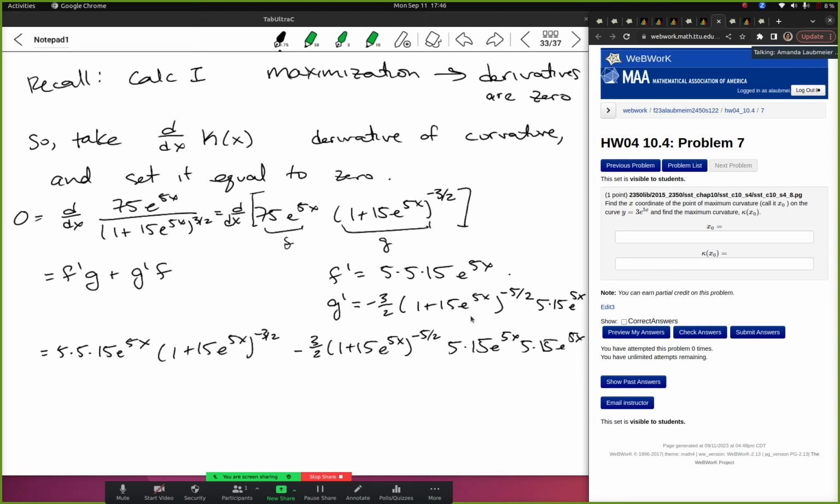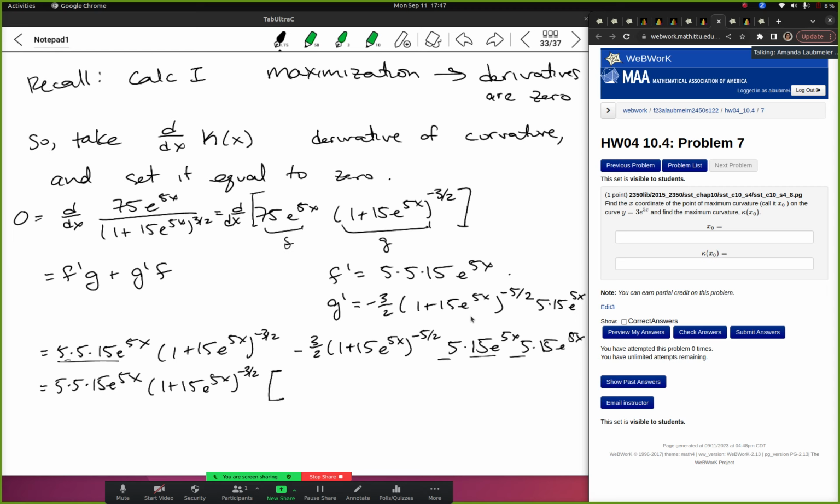but it's okay. Let's pull out things that are the same. So 5 times 5 times 15 e to the 5x is in both terms, like that and like that. And so is 1 plus 15 e to the 5x to the, which one do I want to do out front? Do that one. To the -3/2. So this -5/2 is just -3/2 times -2/2.